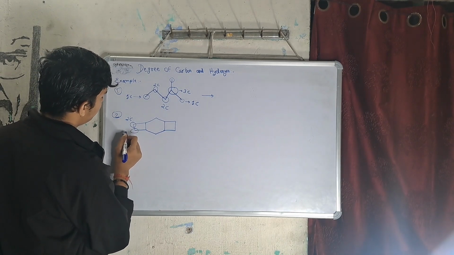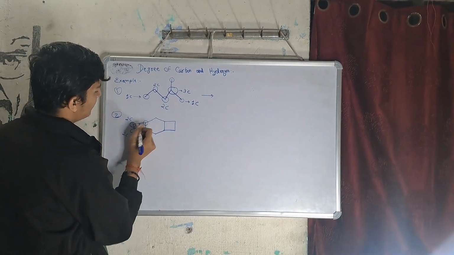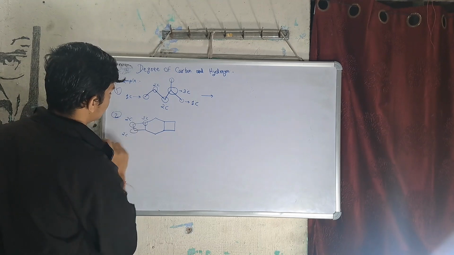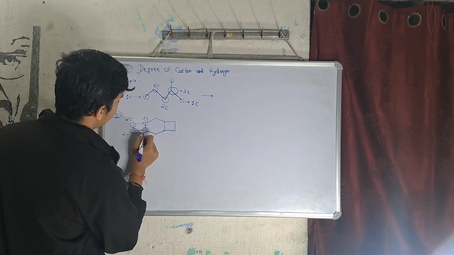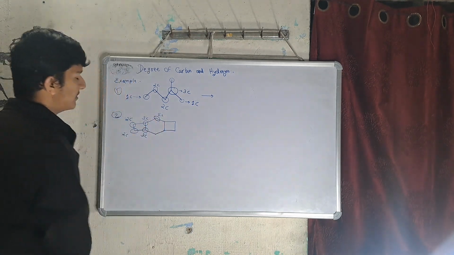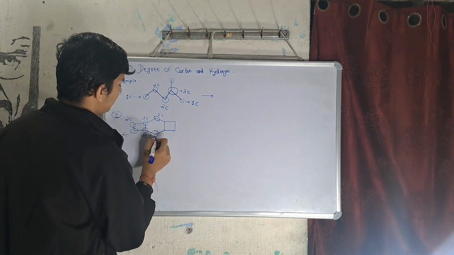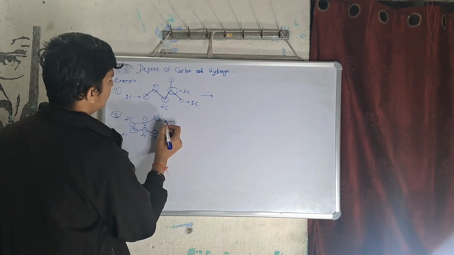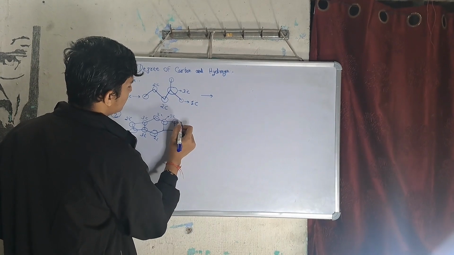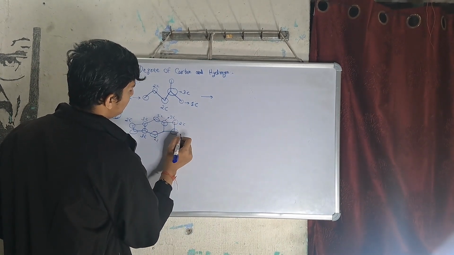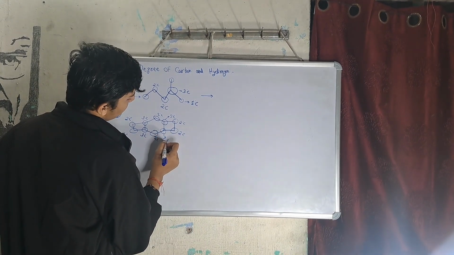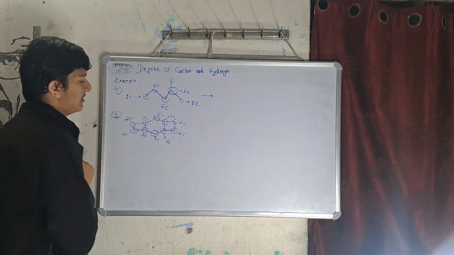This carbon also 2 degree carbon. This carbon 3 degree carbon, as it is surrounded by 3 carbons. This carbon also 3 degree carbon. This carbon also 2 degree carbon. This carbon 2 degree. Here this is surrounded by 3 carbons, so 3 degree carbon. This is 2 degree carbon. This is also 2 degree carbon, and this carbon also surrounded by 3 carbons, so 3 degree carbon.